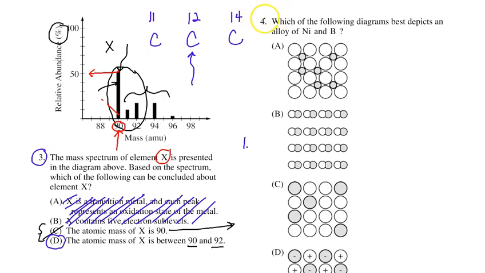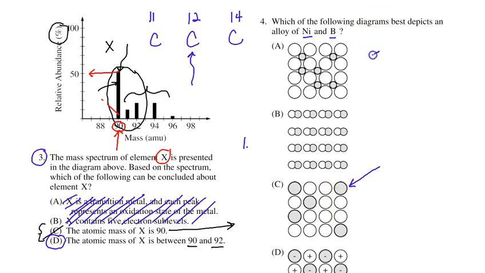Okay, number 4. Which of the following diagrams best depicts an alloy of nickel and boron? So they love to talk about alloys, and we have substitutional alloys and interstitial alloys. Substitutional alloys is when you're basically placing another metal in place of the other metal that will fit nicely in the crystal because their atomic radii are approximately the same.